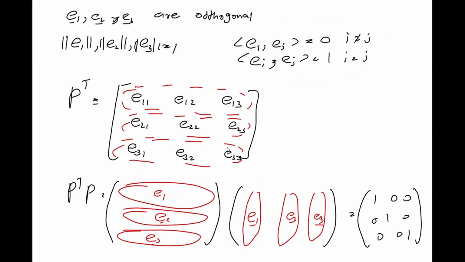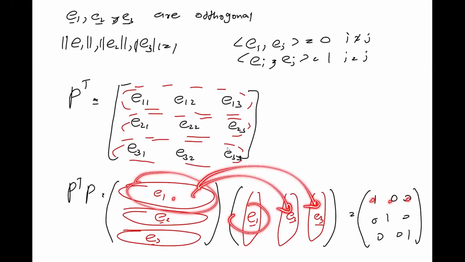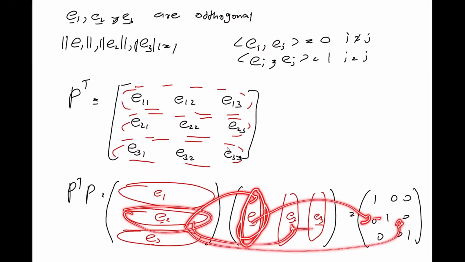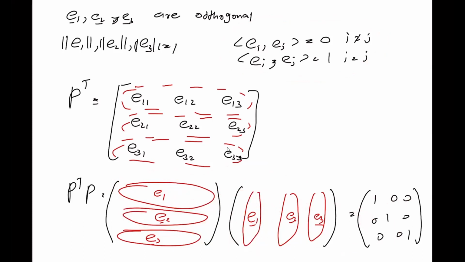Why? Because if you take E1 and E1, it will become 1. And if you consider the other two elements, E1 and E2 become 0, and E1 and E3 become 0. And if you go back to the second row and take the dot product with the E2 column, the first column results in 0, the second column results in 1, and the third column results in 0. And the same goes for the third row as well.